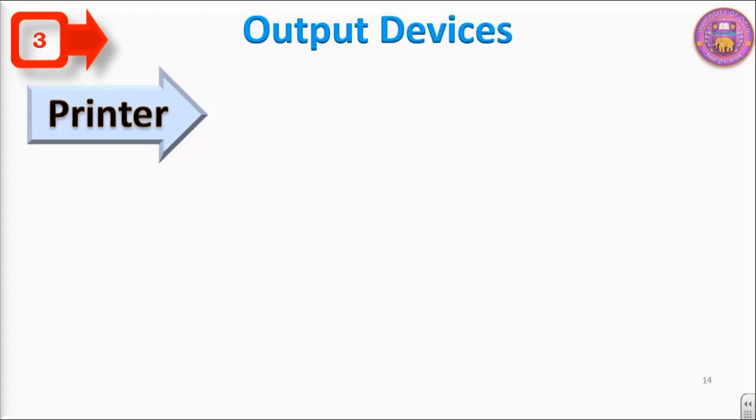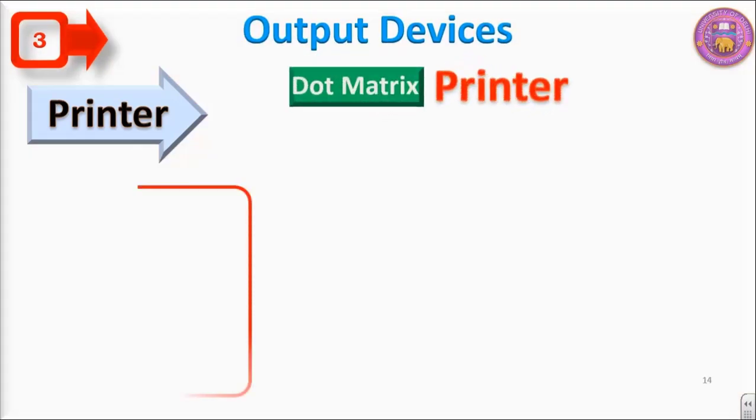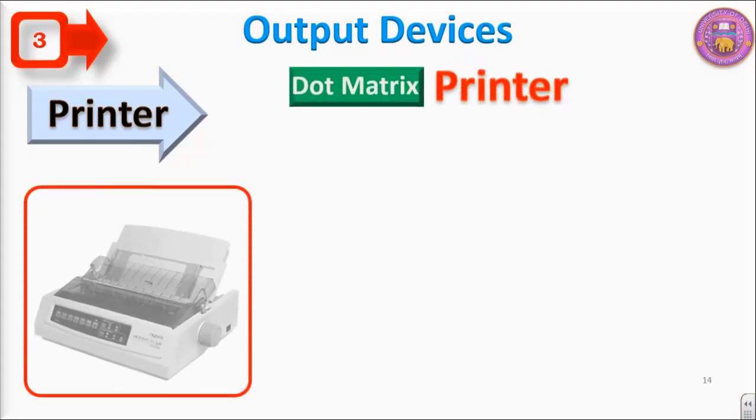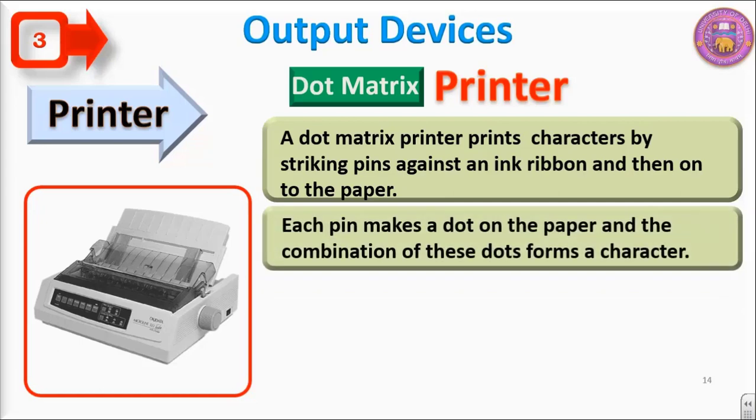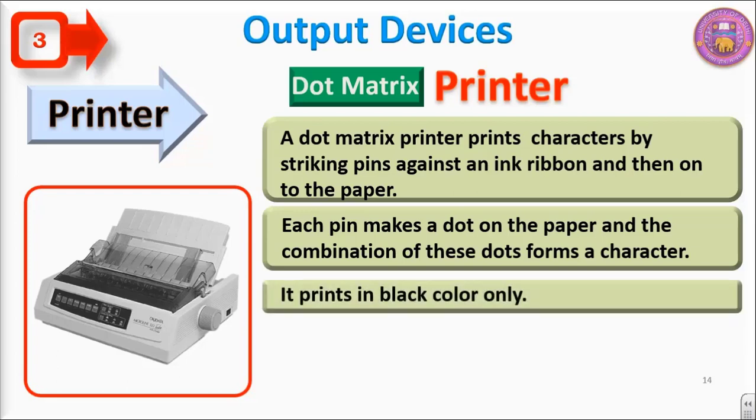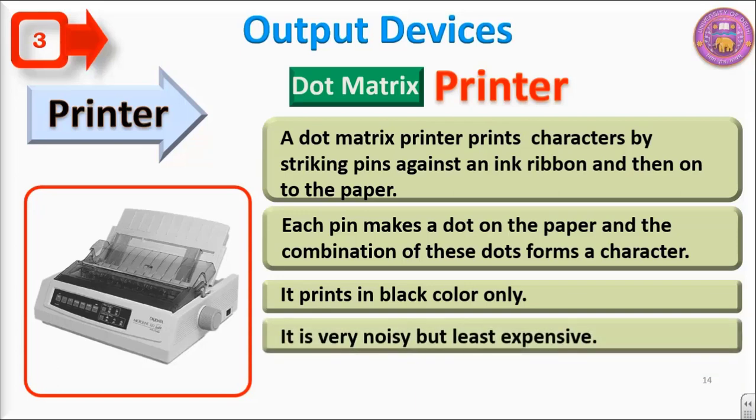Dot matrix printer. A dot matrix printer prints character by striking pins against an ink ribbon and then onto the paper. Each pin makes a dot on the paper and the combination of these dots forms a character. It prints in black color only. It is very noisy but least expensive.